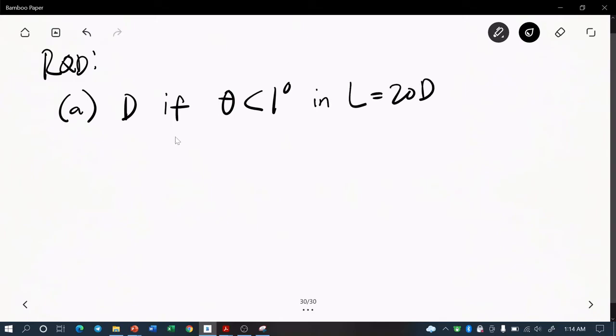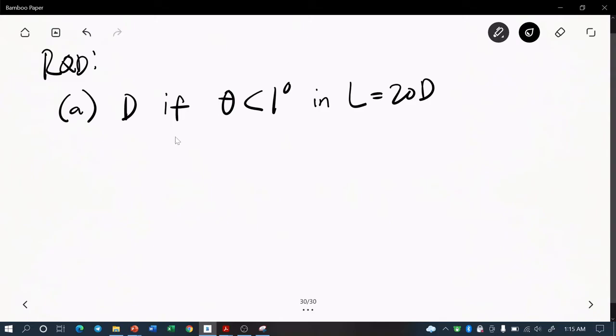The first requirement of problem number 2 is: what should be the diameter if the torsional deflection is not to exceed 1 degree, with length of the shaft equal to 20 times the diameter.